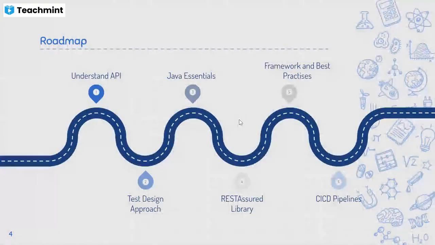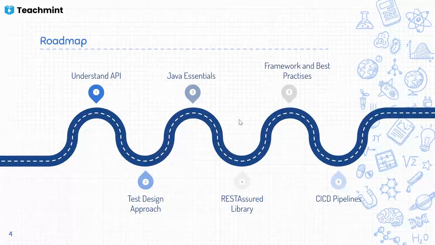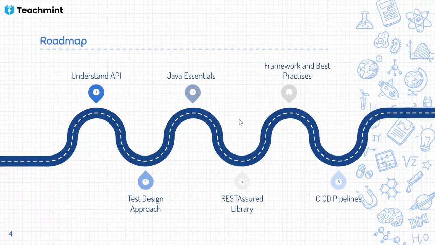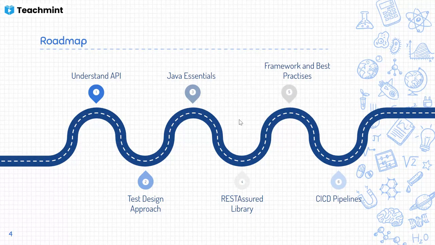Okay, and this is our roadmap. First, I'll make you comfortable in understanding what an API is and how I should test the APIs. What should be the test design approach? Under this test design approach, I'll be talking about concepts like what exactly we have to test in the APIs and what the different challenges are.